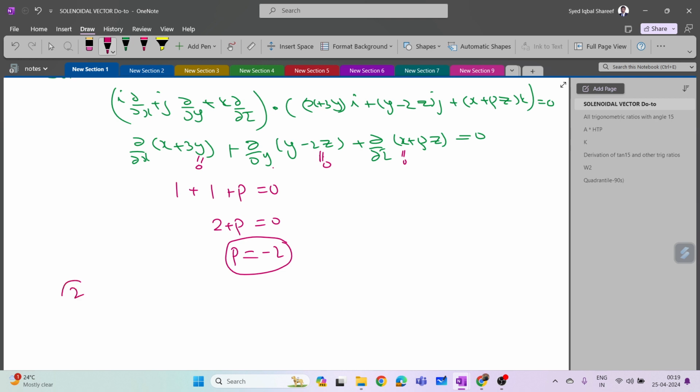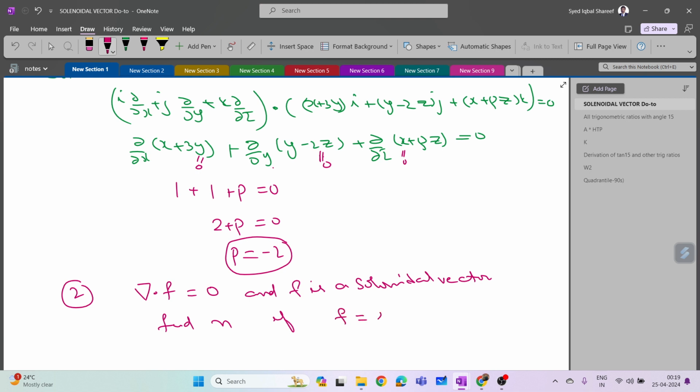Next, one more. If del dot F equal to 0 and F is a solenoidal vector, find n if F equal to r to the power of n vector r.